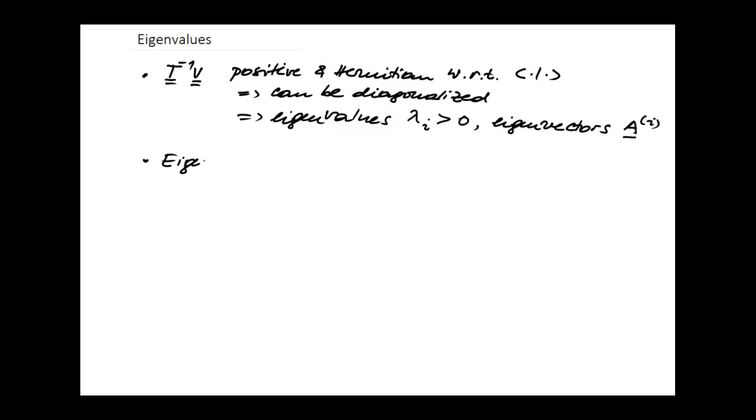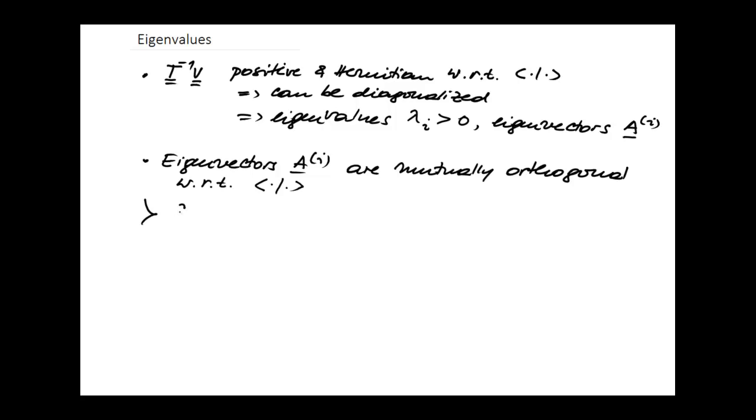So the eigenvectors A I are mutually orthogonal with respect to the new scalar product.